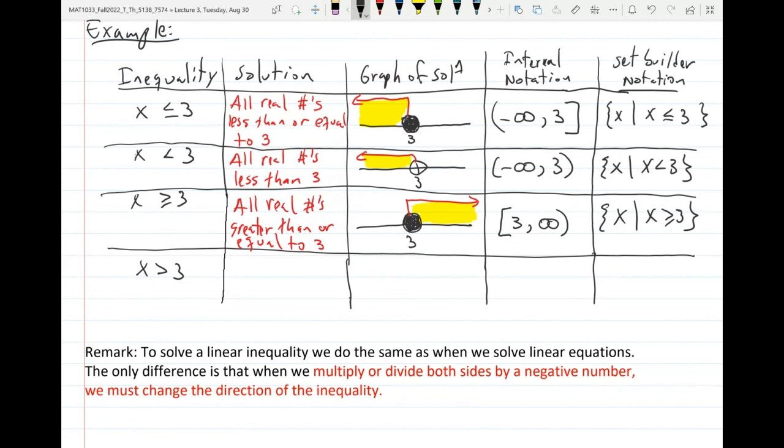Okay, and then the one below is exactly the same. You just need to adjust for the fact that x cannot be equal to 3. So open circle and parentheses here. That's all. So all real numbers greater than 3.